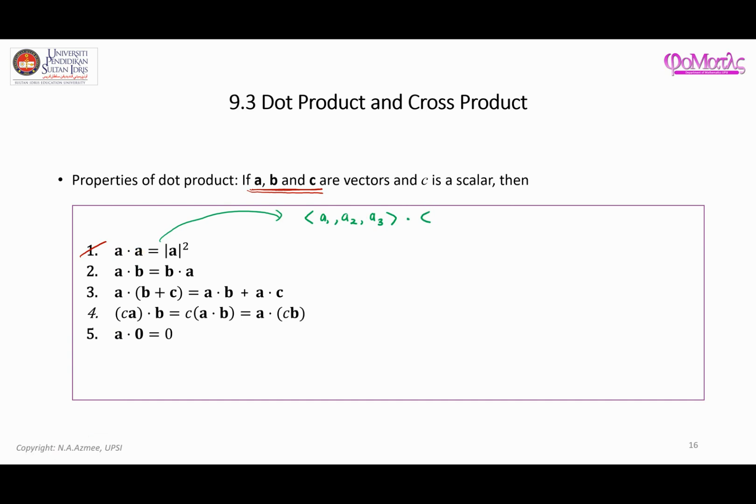According to the formula, you multiply the respective components: a1 times a1 plus a2 times a2 plus a3 times a3. This simplifies to a1 squared plus a2 squared plus a3 squared.